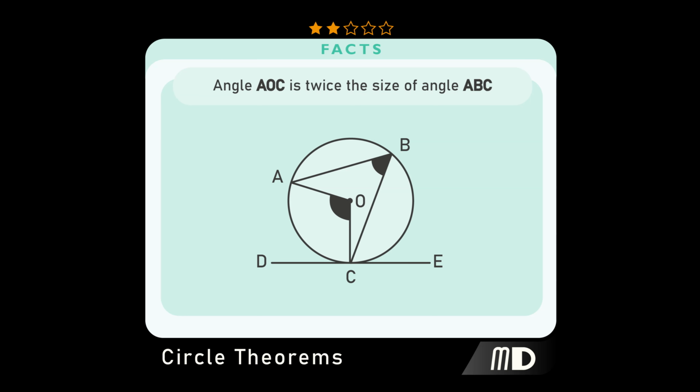This diagram shows that the angle made at the center of a circle is twice the size of the angle made at the circumference when they originate from the same 2 points, A and C. In the context of this diagram, that means angle AOC is twice as large as angle ABC.